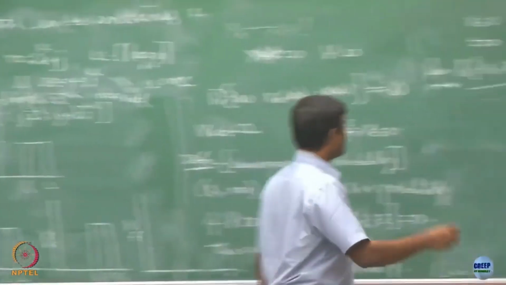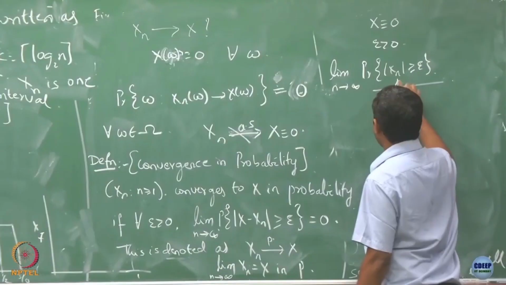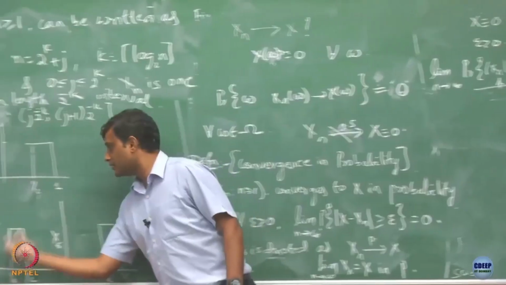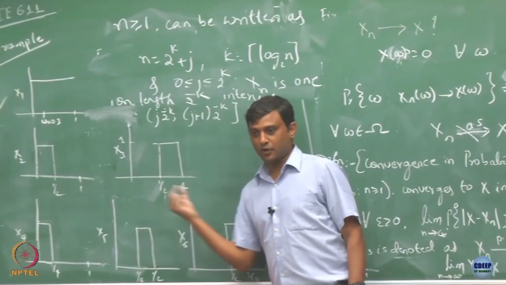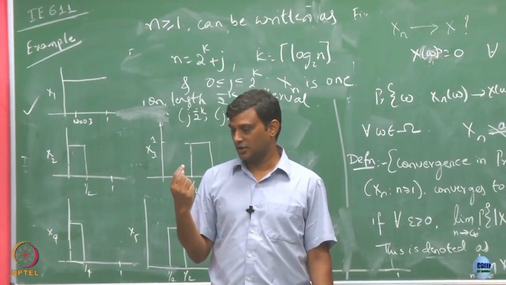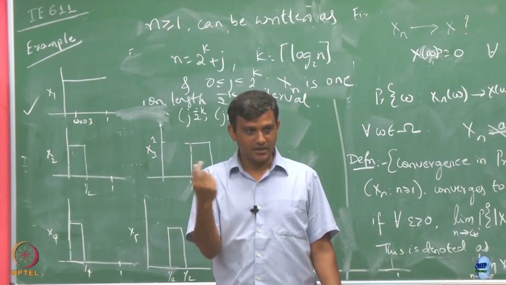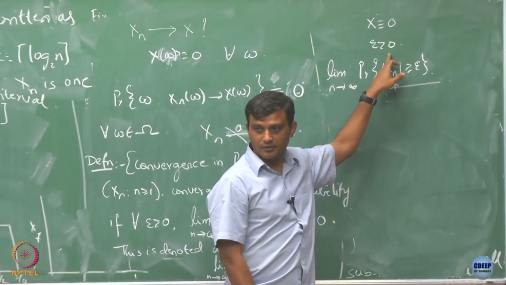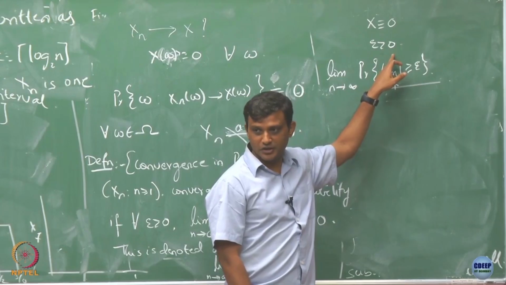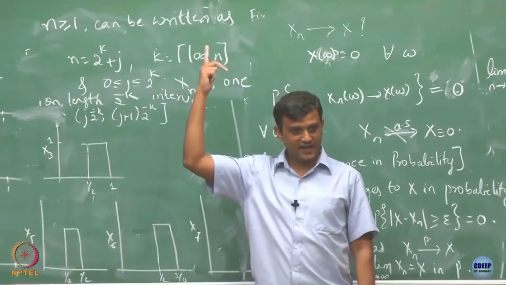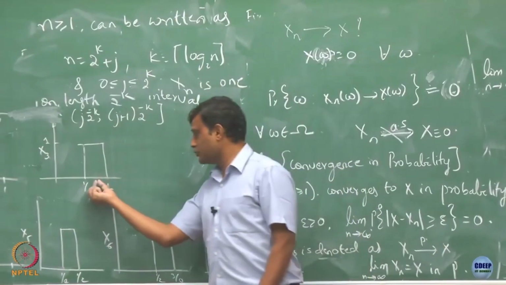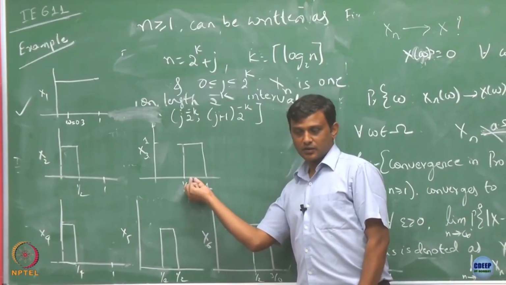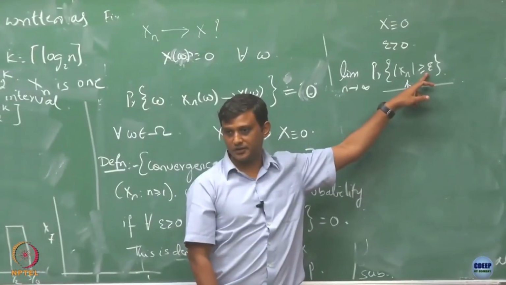And as n increases, these intervals are shrinking, right. So the probability where it is going to put positive mass is also shrinking very fast, and this epsilon here is strictly positive. So you should be able to find n sufficiently large such that after that you are going to put a value in smaller intervals whose probability comes down below epsilon.